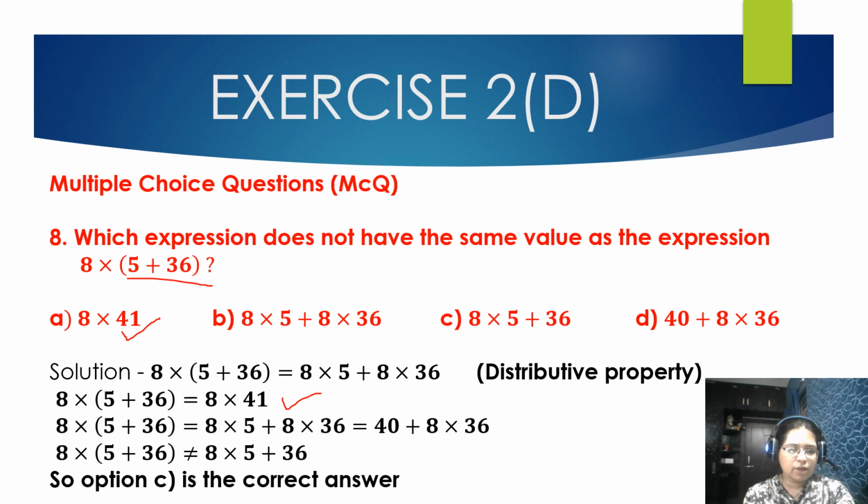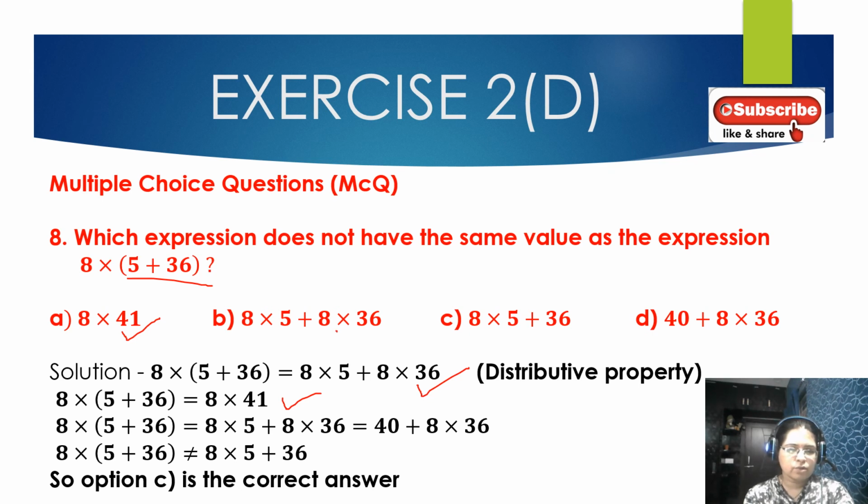Now we can write 8 multiplied by (5 plus 36) as 8 multiplied by 5 plus 8 multiplied by 36, and this is the distributive property of multiplication of whole numbers over addition. So option B also has the same value as 8 multiplied by (5 plus 36). Option C: 8 plus 8 multiplied by 5 plus 8 multiplied by 36.